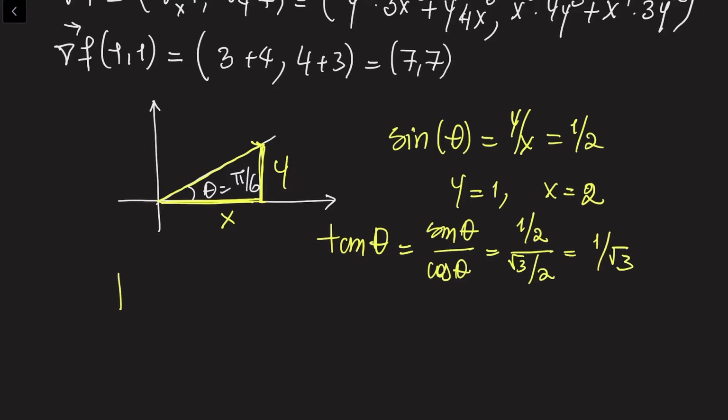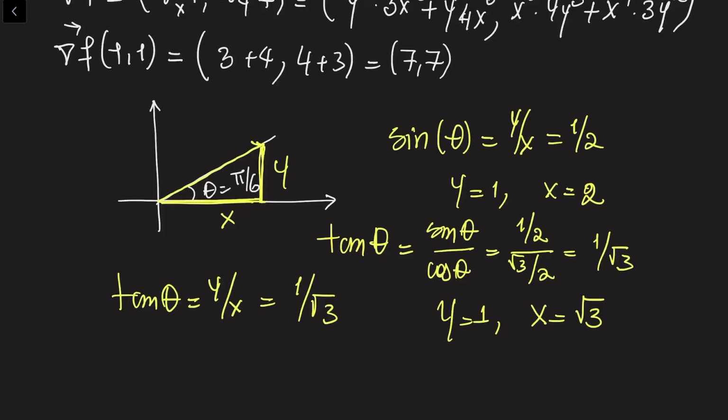So the tangent of theta is equal to y divided by x, and this is equal to 1 divided by the square root of 3. So y can be taken as 1 and x can be taken as the square root of 3. So this is going to be the vector with the components square root of 3 and 1.